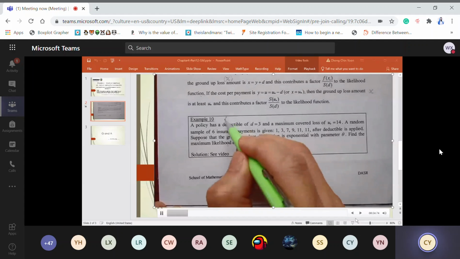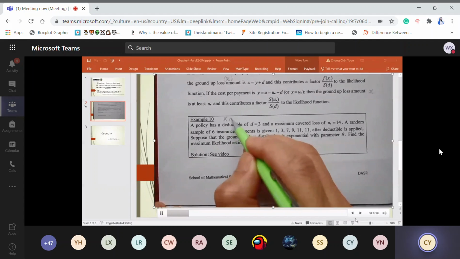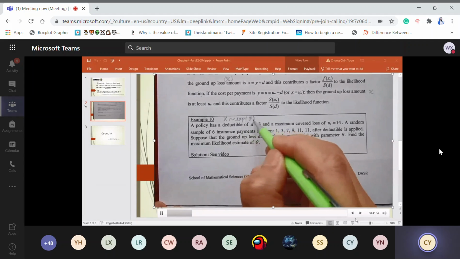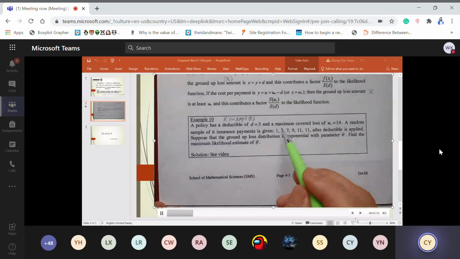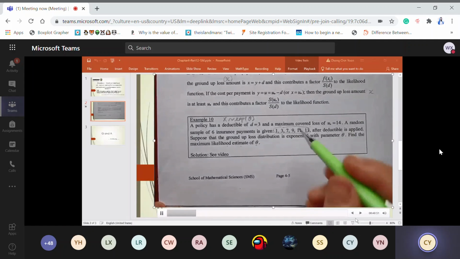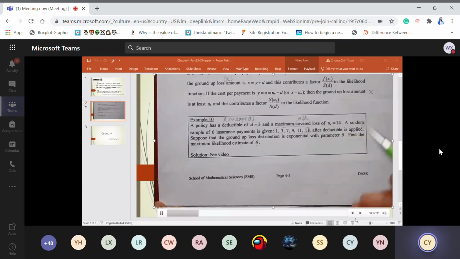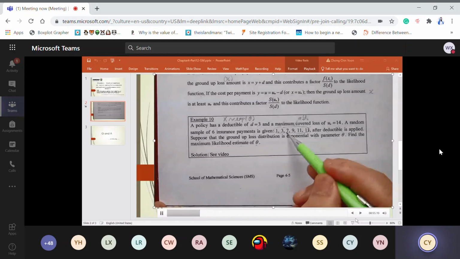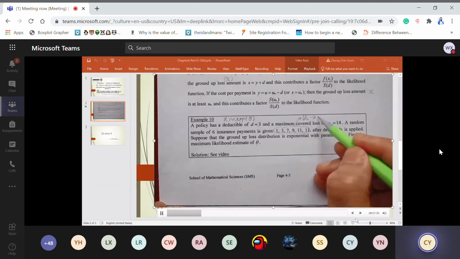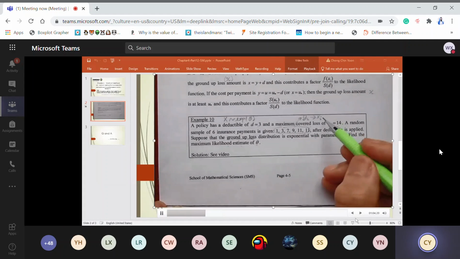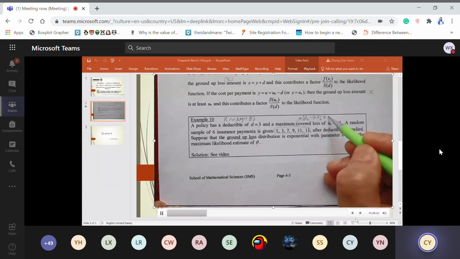Let X be the random variable such that X is exponentially distributed with this parameter theta. Given this observation after the deductible is applied, that means this refers to the observation for yi. So we have to convert to xi, the ground up loss data, where xi is equal to yi plus d.